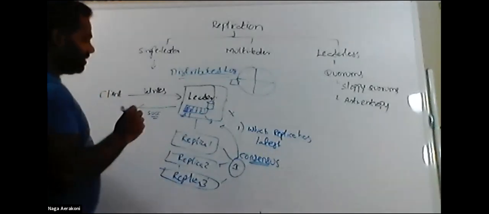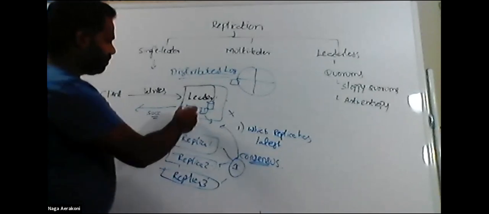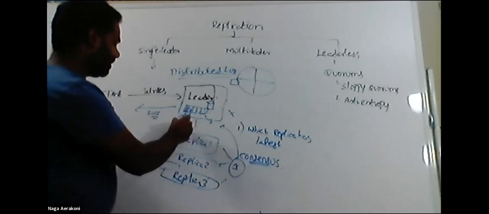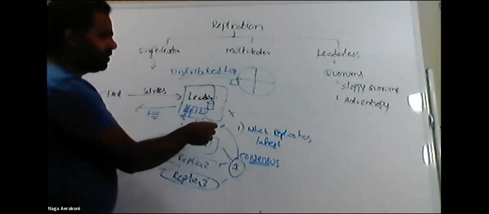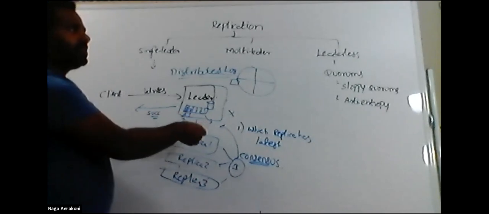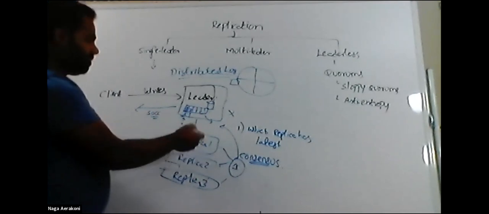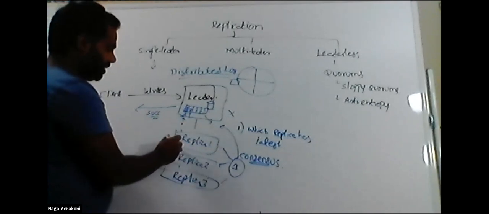One of the strategies could be that the replicas keep pinging the leader, like they'll have periodic heartbeats.